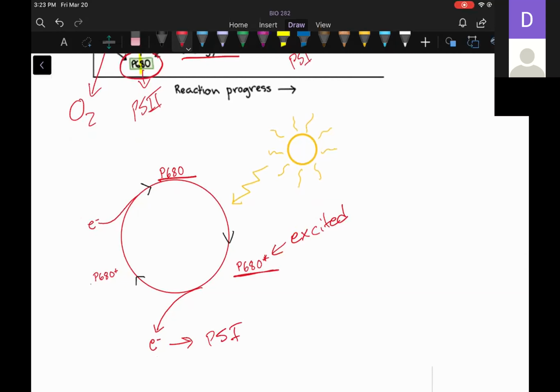And then it's going to go into P680 plus, meaning that it's oxidized, meaning that it loses that electron. So ultimately, it needs to get that electron back again. And this electron comes from water, and it goes back into P680, and then the cycle just kind of continues like that.